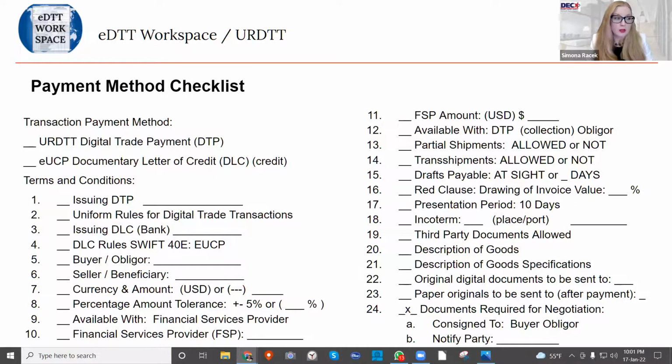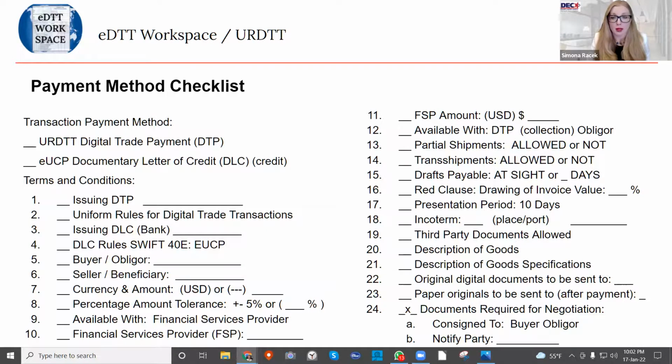Next, we will move into the payment method checklist, which you'll also find underneath the workspace. The trade finance terms and conditions are dependent on the payment method selected for the transaction. Fundamentally, as we discussed earlier, there are only two methods of payment, credit or collection.